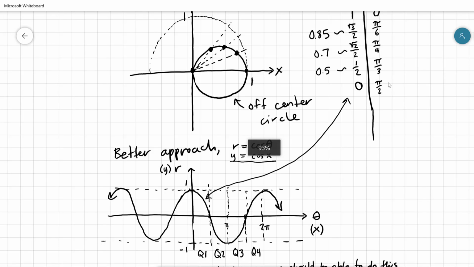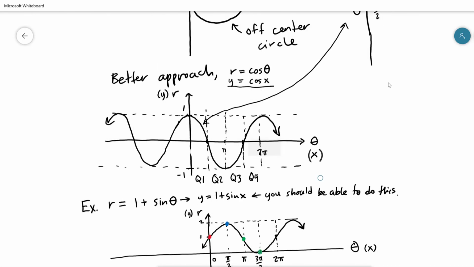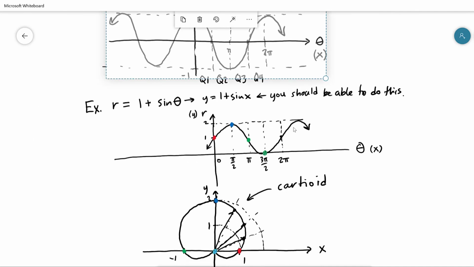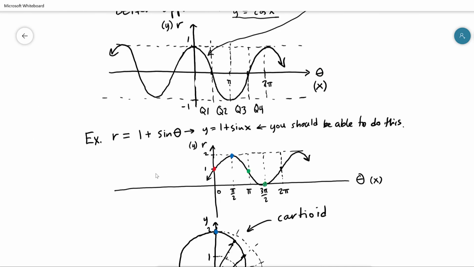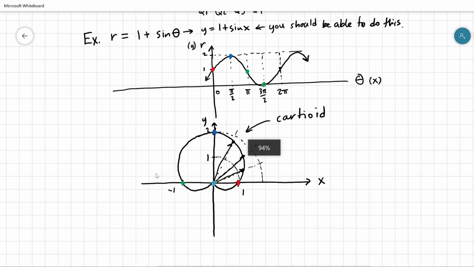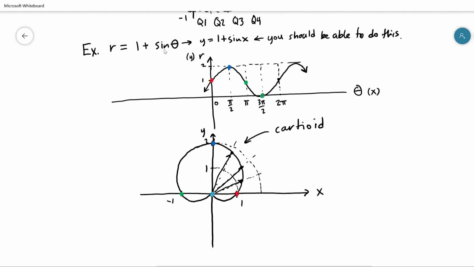In this case, we did a function that involved sine of theta, and we normally associate sine of theta with the y-axis, and sure enough, our cardioid here is oriented along the y-axis. The furthest value it gets to is this 2, and it's along the y-axis. So just know that that's going to be true in general.